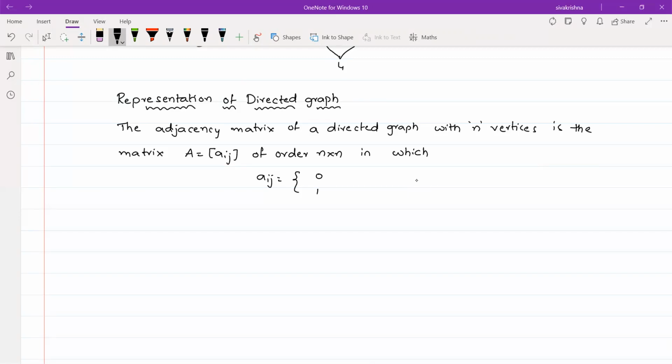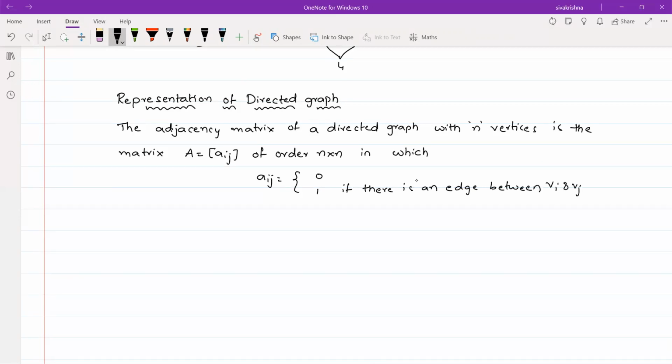Okay, so we can write 1 if there is an edge between Vi and Vj.